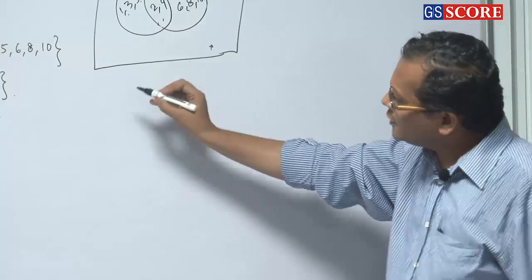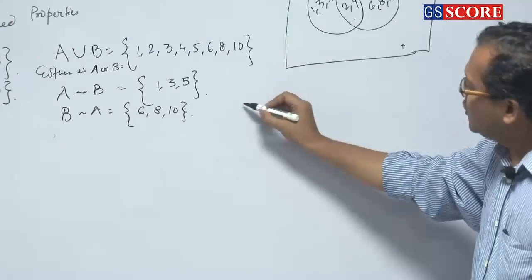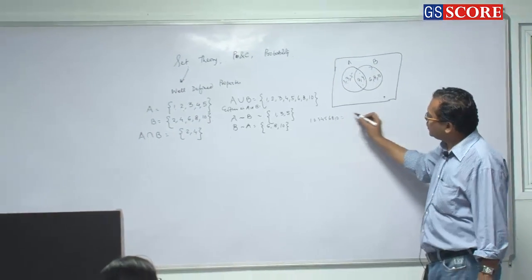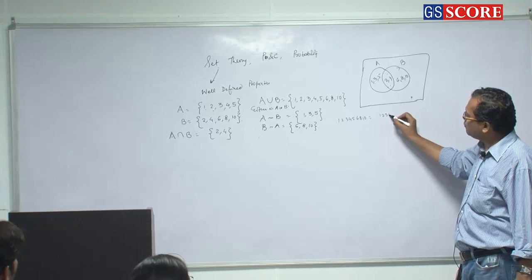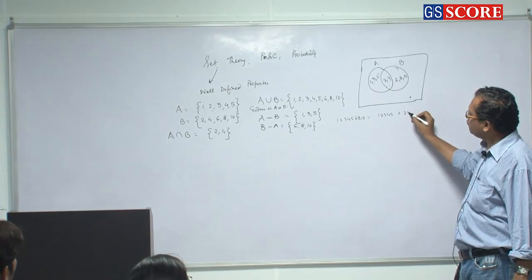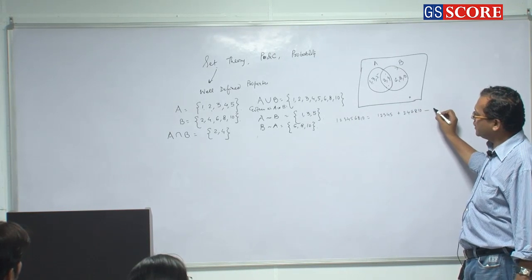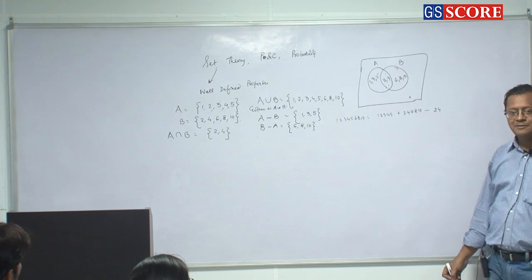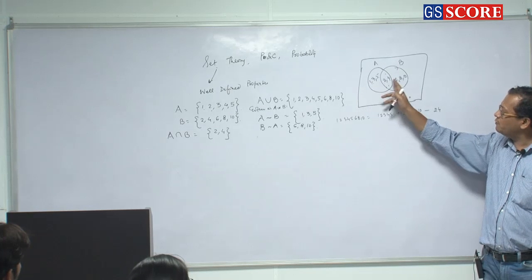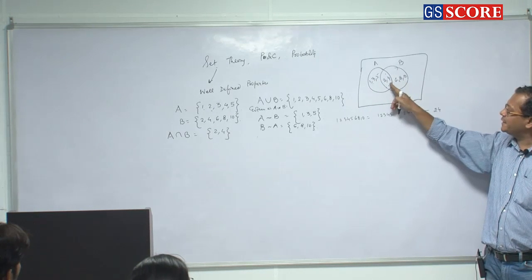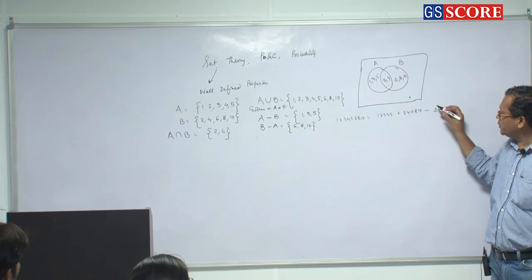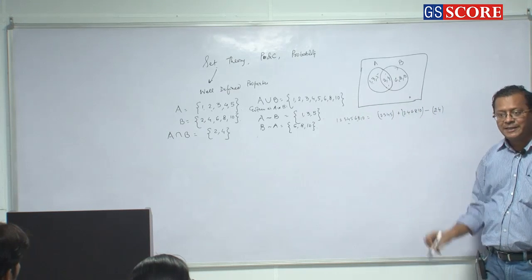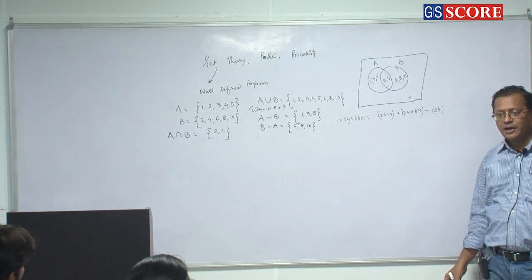Okay. So now you can say, if you see 1, 2, 3, 4, 5, 6, 8, 10 is equal to 1, 2, 3, 4, 5 plus 2, 4, 6, 8, 10 minus 2, 4. Can we write like this? If I subtract, will it become 1, 2, 3, 4, 5, 6, 8, 10? हो रहा है कि नहीं?